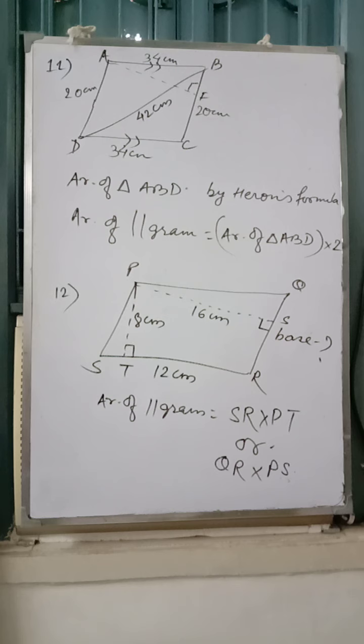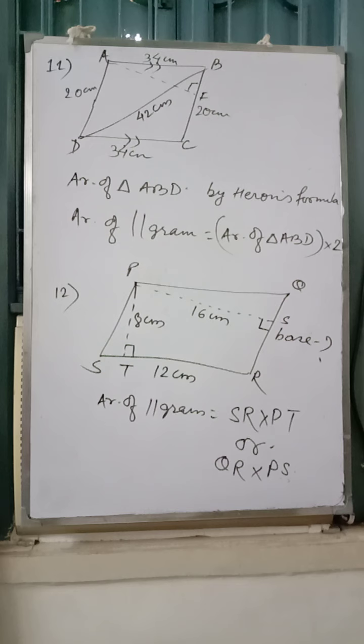Come to question number 14. Find the perimeter and the area of a rectangle whose length and breadth are 12 and 9 centimeter respectively. Is there anything to tell? No. The area of the floor of a rectangular room is 360 meters square. Length is 24. Find its perimeter.